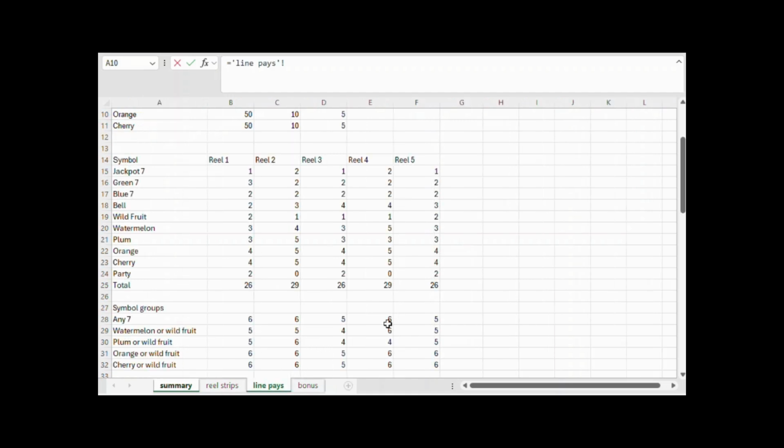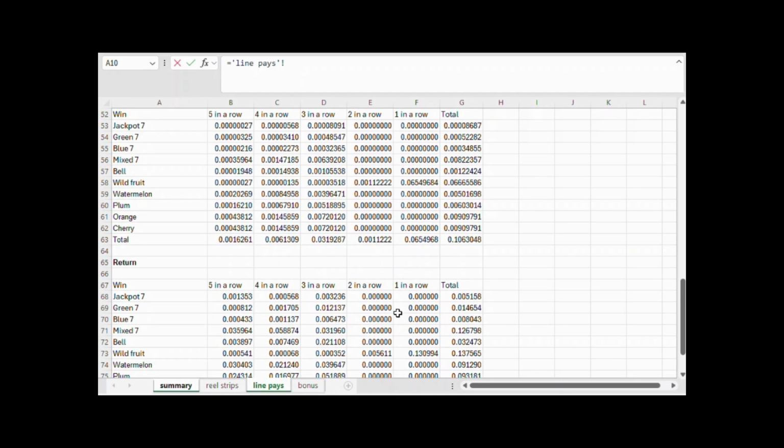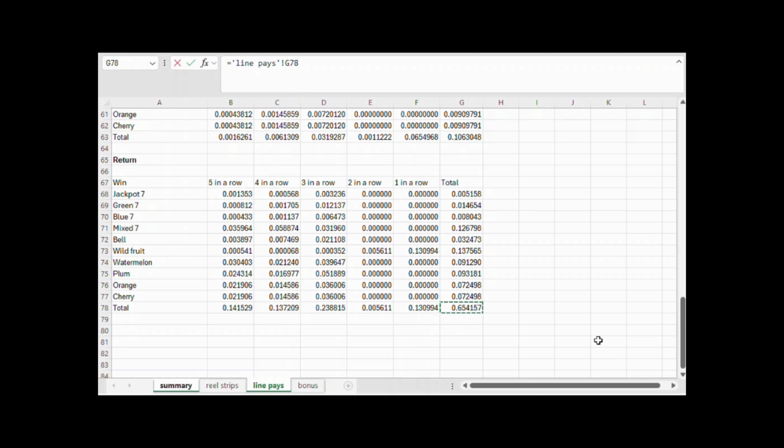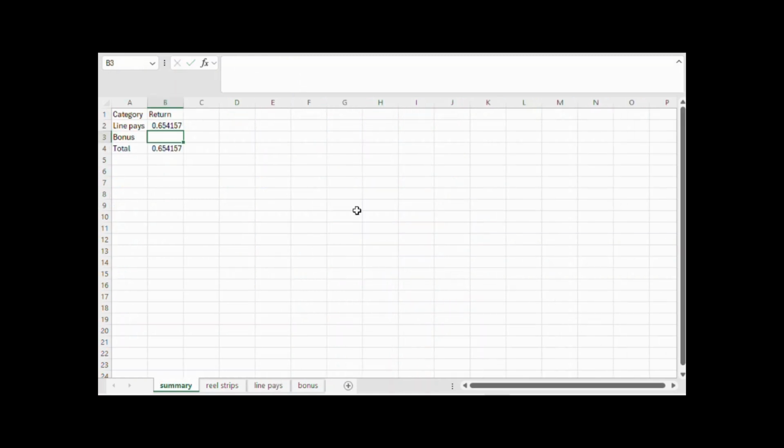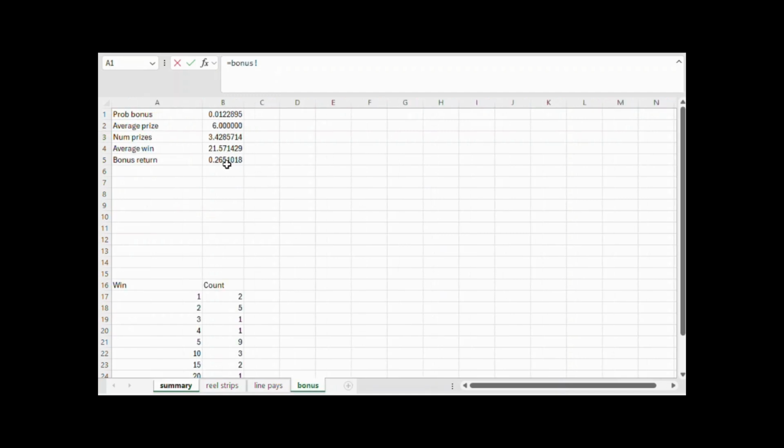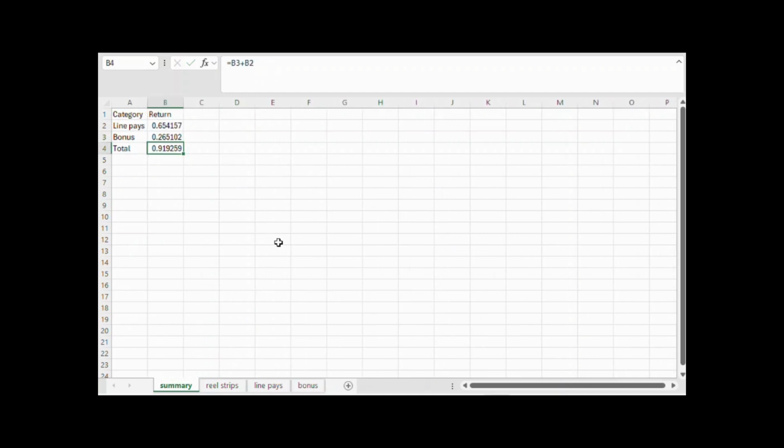From line pays, we calculated that the player can expect to get back 65.4% of his bet. And from the bonus, you can expect to get back 26.5%. In other words, the total return is 91.93%.